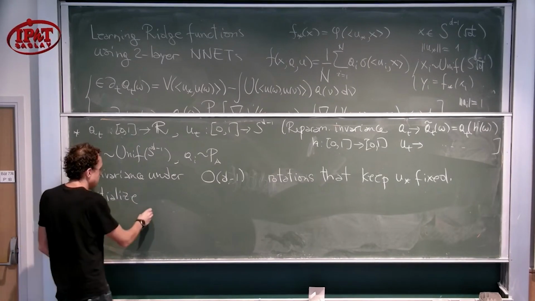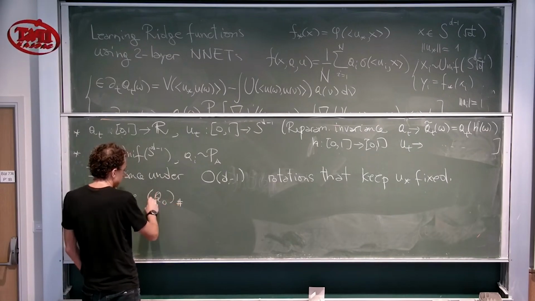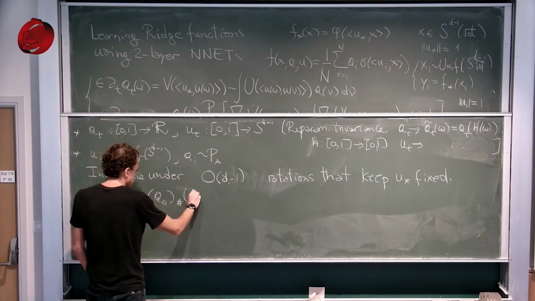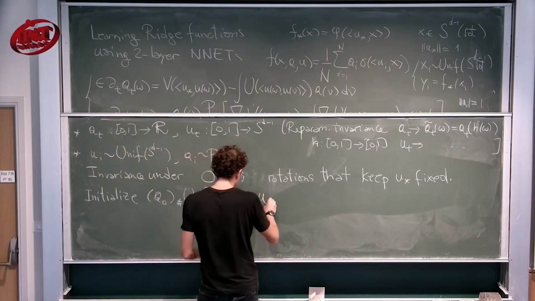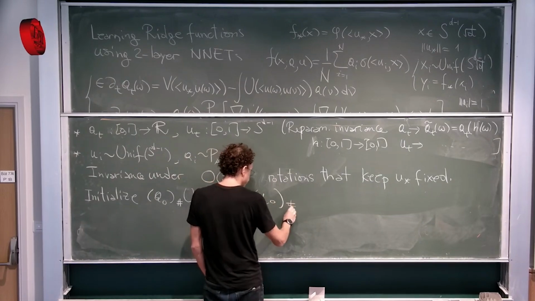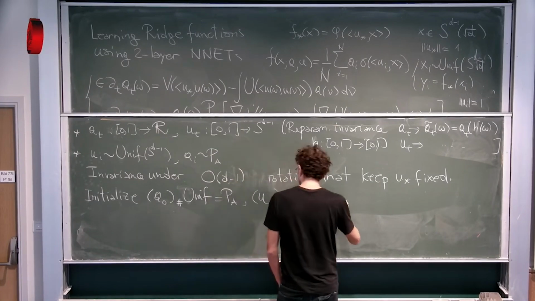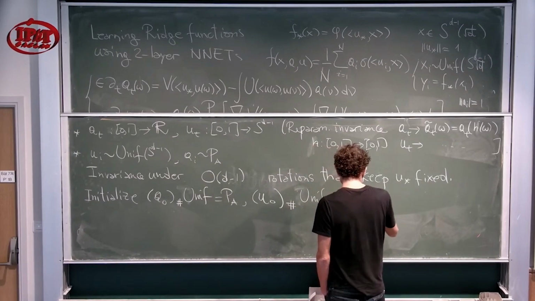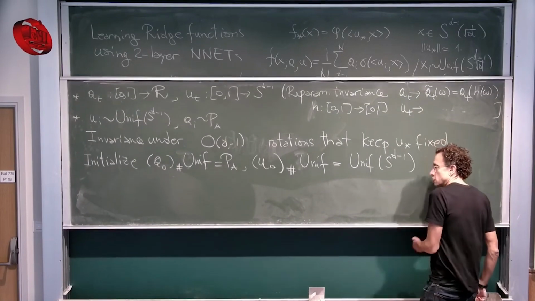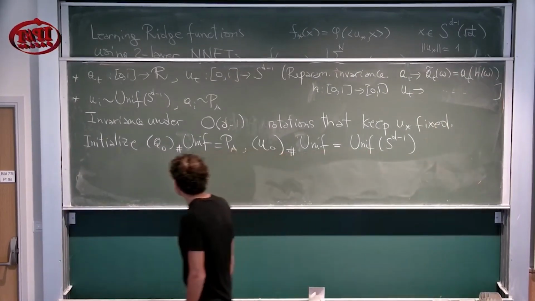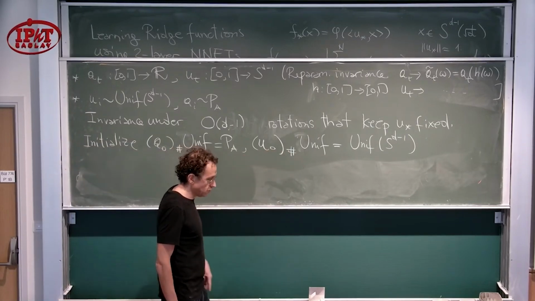So we initialize with u_0 and a_0. Now we said that the initialization should be such that the push forward of the uniform measure is the joint distribution of a and u, of course jointly. If this invariance is kept, the distribution is invariant under the rotations, and this remains true at all times.